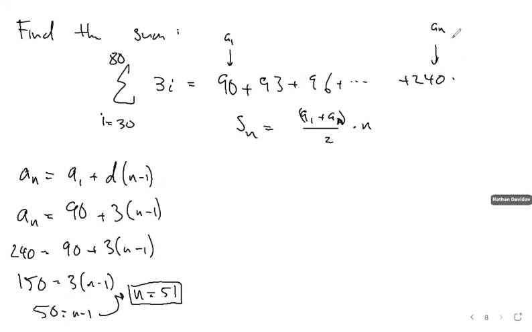So this is 51. This is my first term. This is my second term. This is my 51st term. Okay, so now I know I'm looking for S sub 51, which is going to be 90 plus 240 all over 2 times 51.